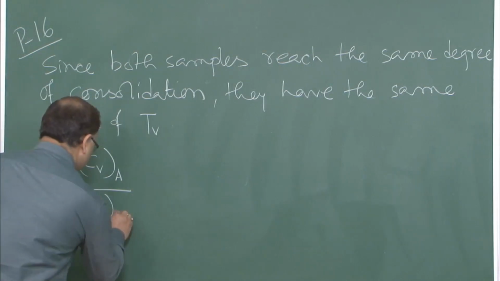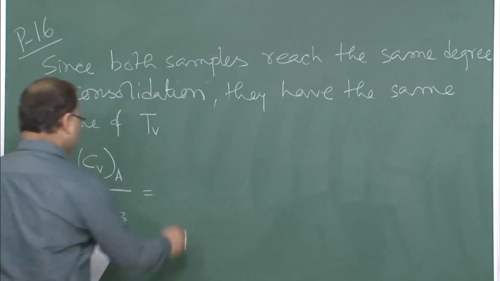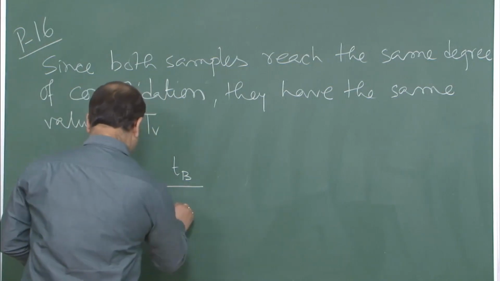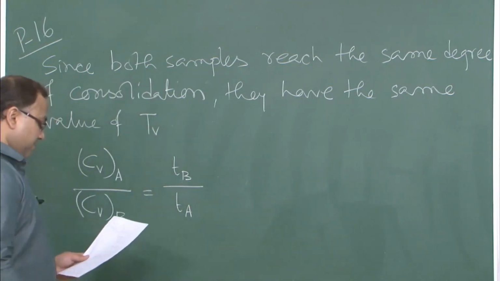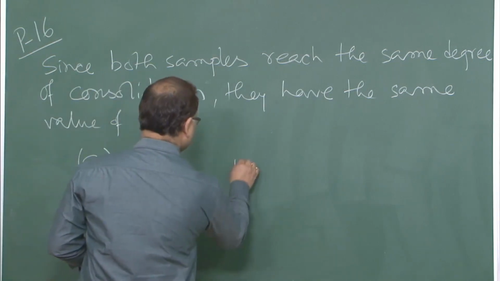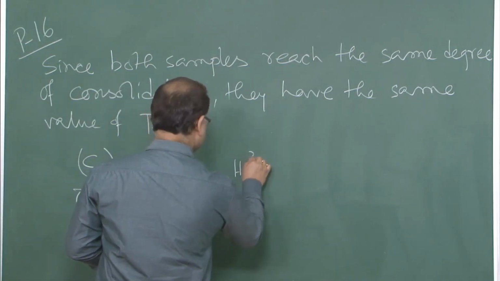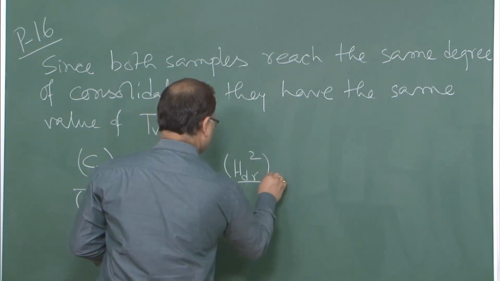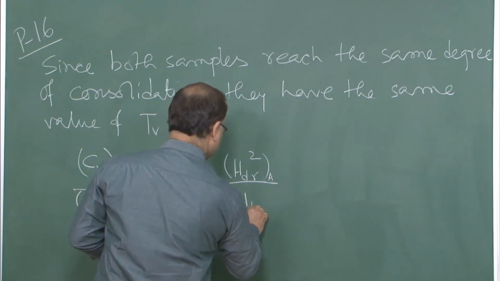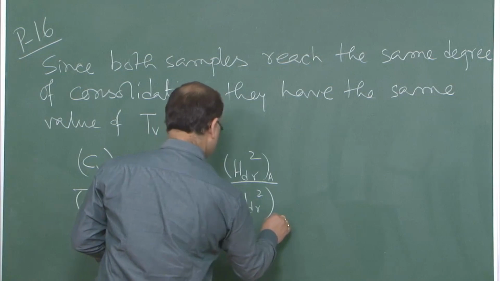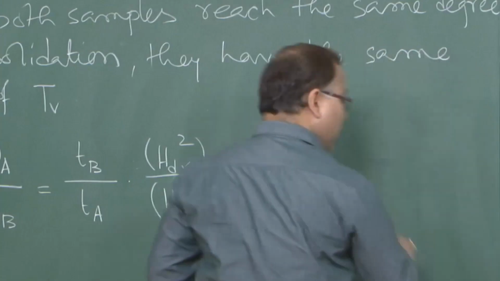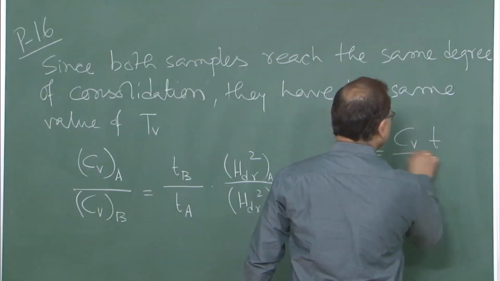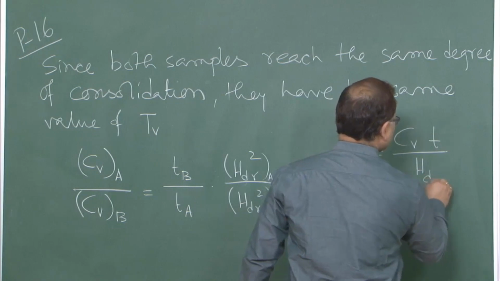Coefficient of consolidation, is equal to TB, that is the time, by TA into H dr square for A by H dr square for B. I hope you remember TV is equal to CV T by H dr square.